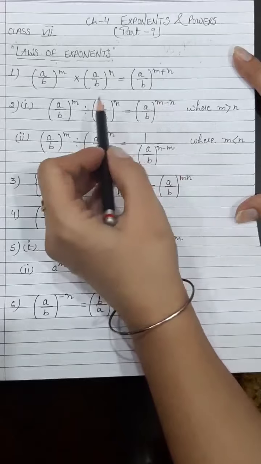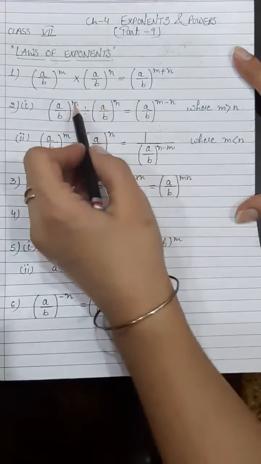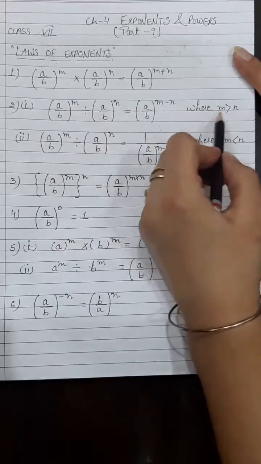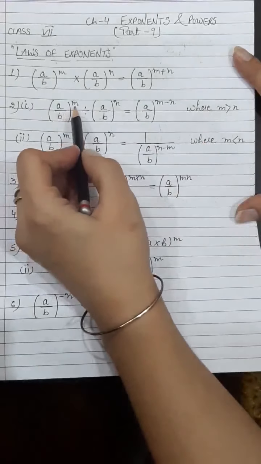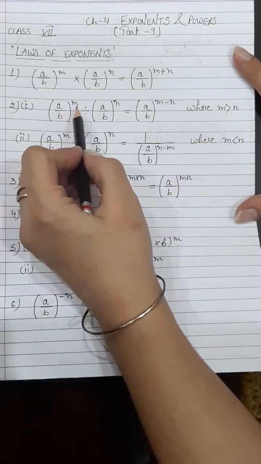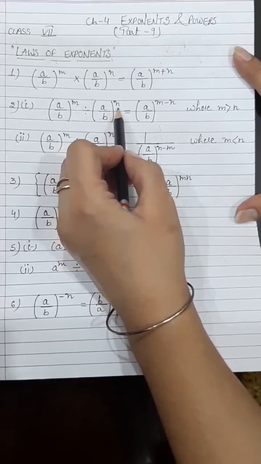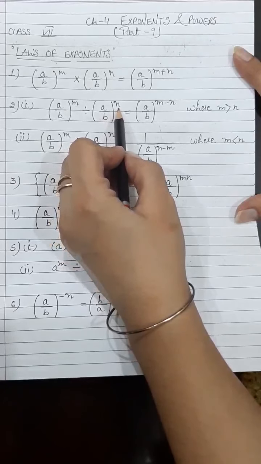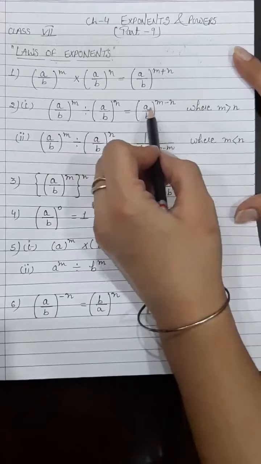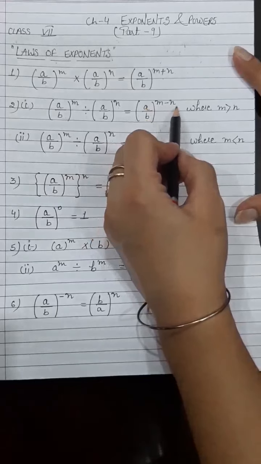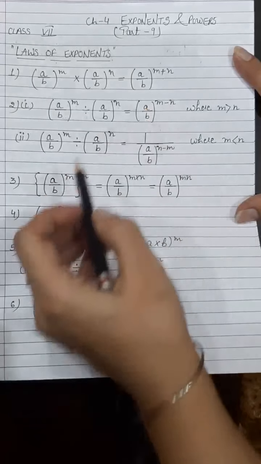Here one more thing you have to check, m should be greater than n. Like a upon b, any rational number, power is 5, then a upon b's other power should be less than 5. Clear? Then only you can say a upon b to the power m minus n, right?